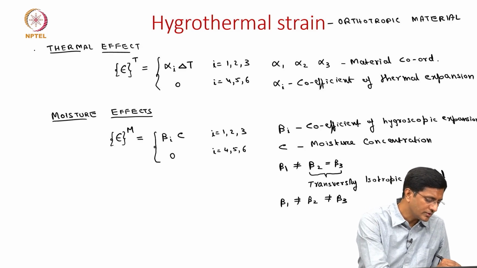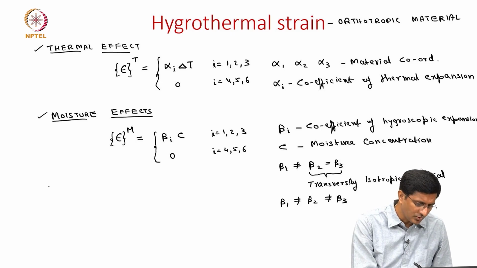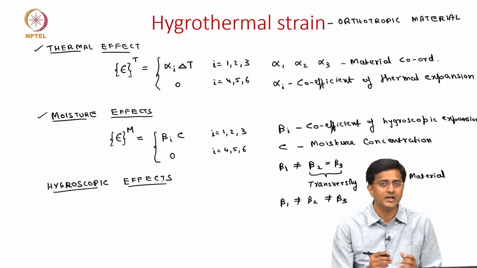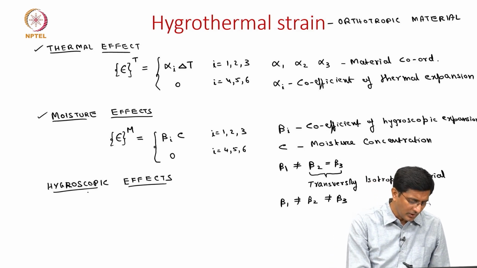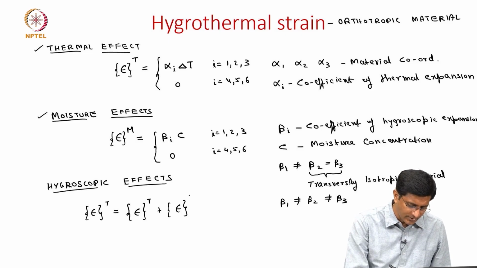We have looked at the individual effects of temperature and humidity, but if we have both, which means hygroscopic strain, since we are looking at a linear elastic material, we can do superposition, meaning the total strain because of the hygroscopic effects is the summation of the strains coming from the temperature effects plus the strains coming from the moisture effects.